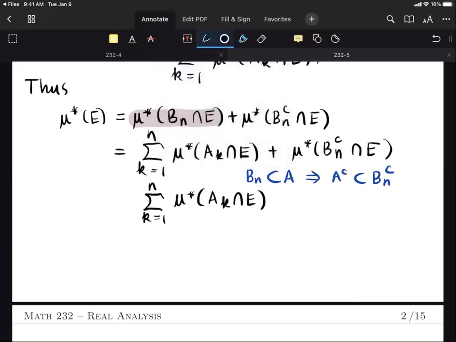Therefore, the outer measure of Bn complement intersection E compared to the outer measure of A complement intersection E, that would be smaller, because Bn complement is larger than A complement.